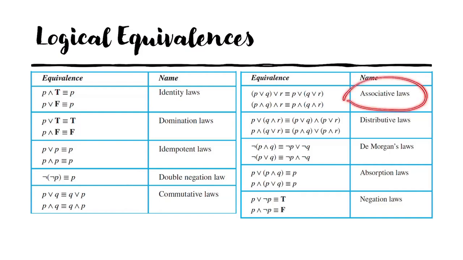And the associative law also applies in the conjunction and disjunction. So when you have P or Q or R, you can do the P or Q first, or you can do the Q or R first. Same thing with the conjunction. For P and Q and R, you can do the P and Q first, or you can do the Q and R first.